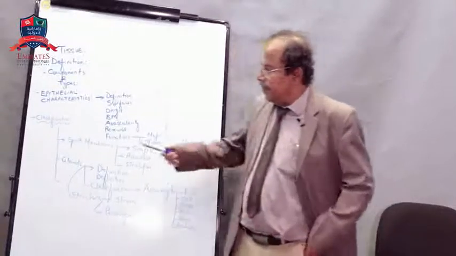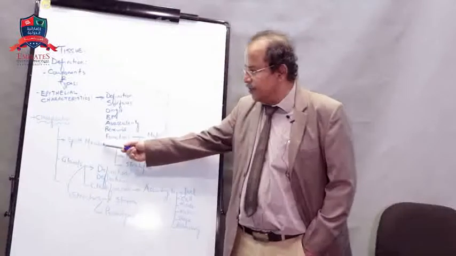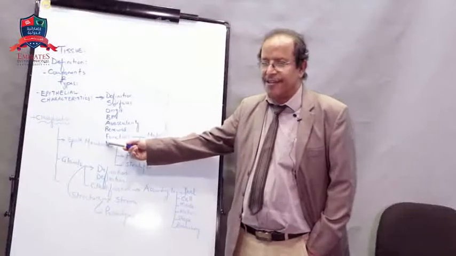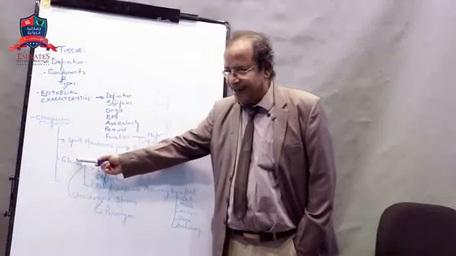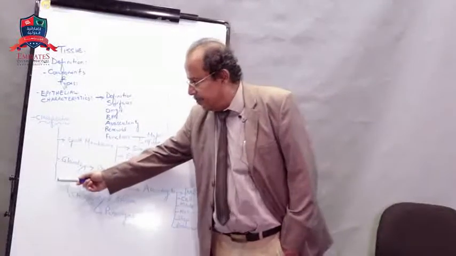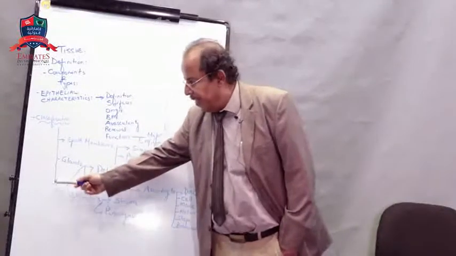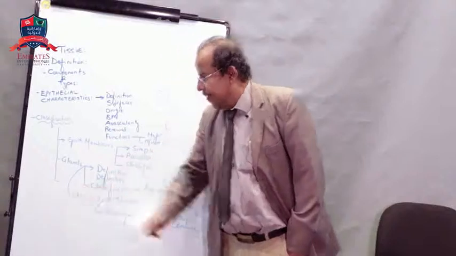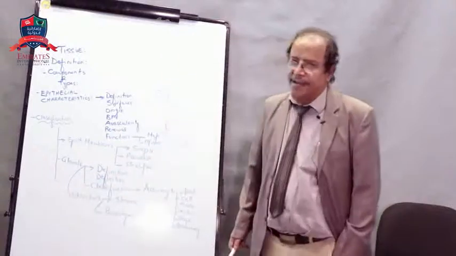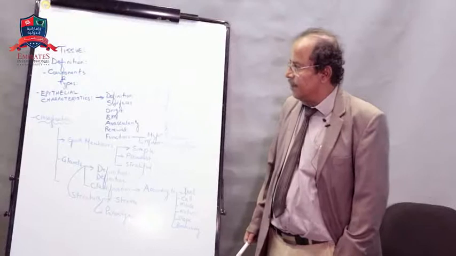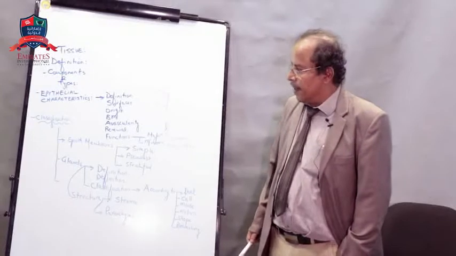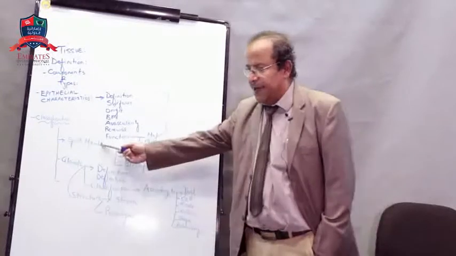One, you have got the epithelial membranes, which cover and line the surfaces. You have got the epithelial glands. You have got the myoepithelium, and you have got the neuroepithelium. These are the four members of the classification of the epithelium. Now, the epithelial membranes are what?